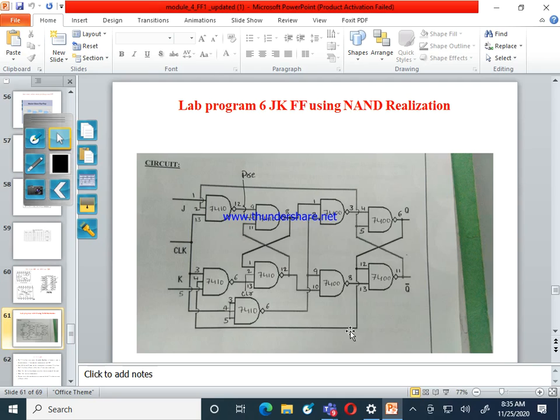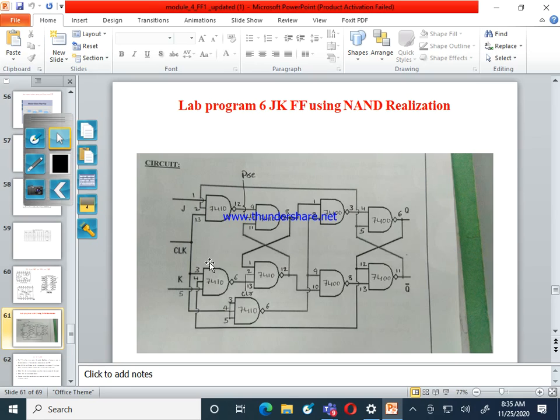Pin number 4 is connected to Q. Pin number 5 is the K input. Any doubt? The first NAND gate is over, the second NAND gate is over.